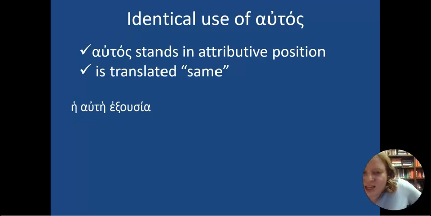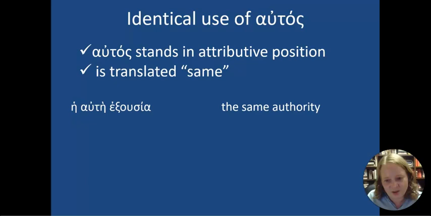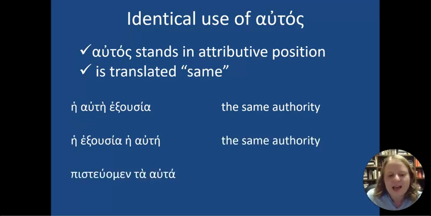Ἡ αὐτὴ ἐξουσία. Ἡ ἐξουσία is the authority, and then αὐτή makes it the same authority. So Jesus and God have the same authority because they are two members of the same Trinity, right? Ἡ ἐξουσία, ἡ αὐτή. That's also in the attributive position, so it would also mean the same authority.